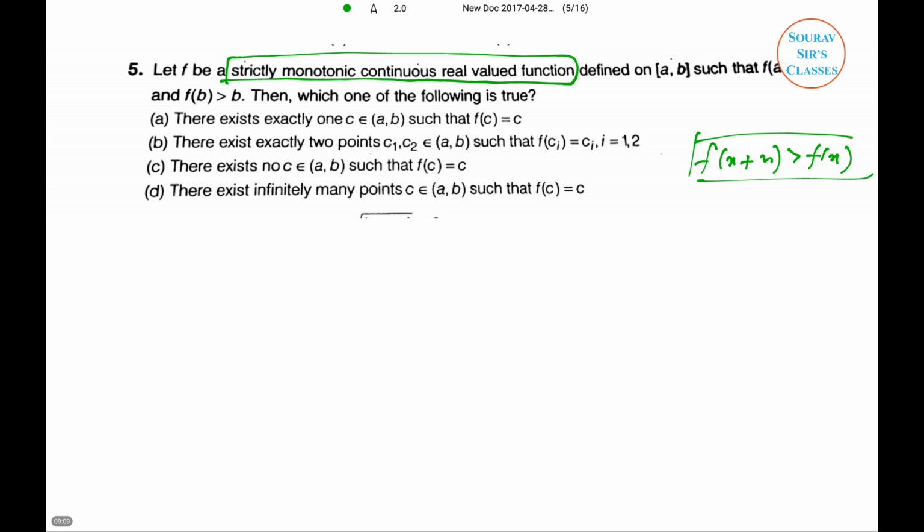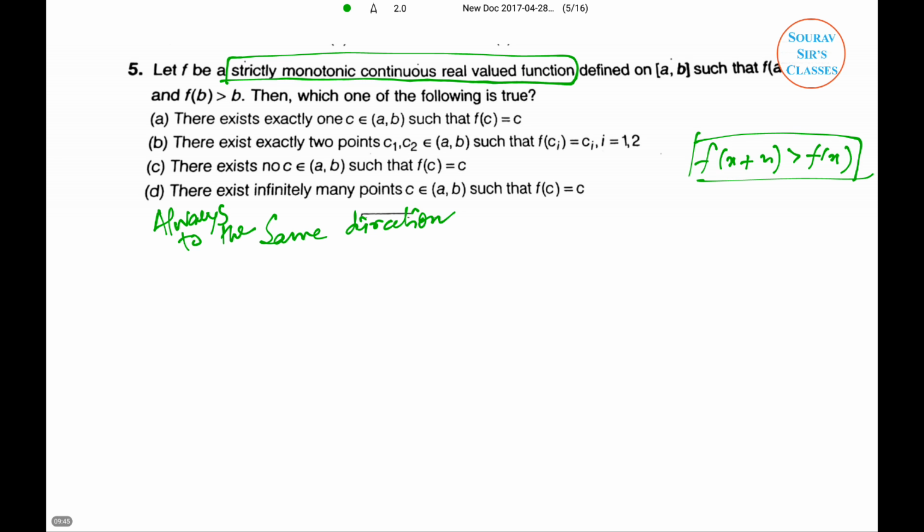So when the entire function is always proceeding in the same direction, then we can call that particular function a monotonic function. So here it is defined that f of a and f of b is this, then which of the following is true? Remember that only one is the correct answer. So if we get the correct one, your job is done, you don't need to check the other ones.